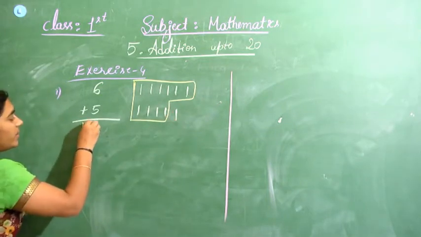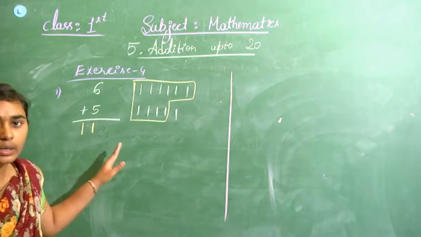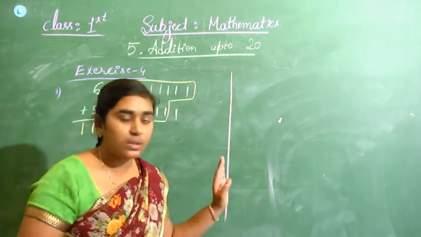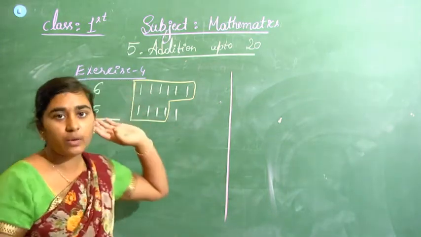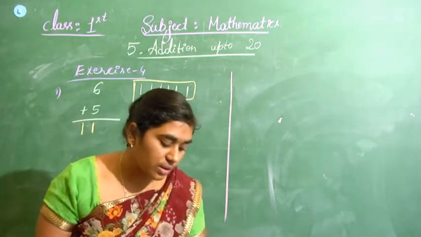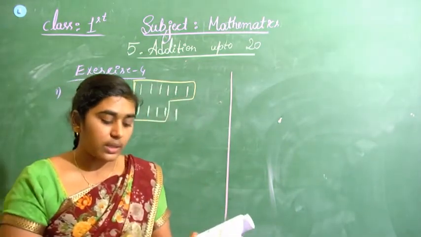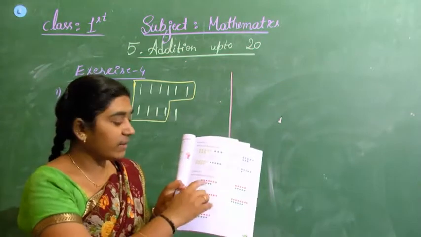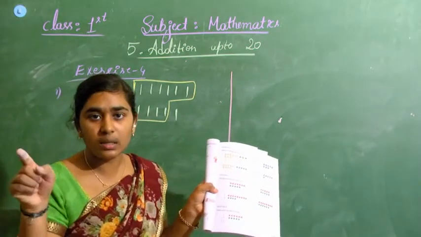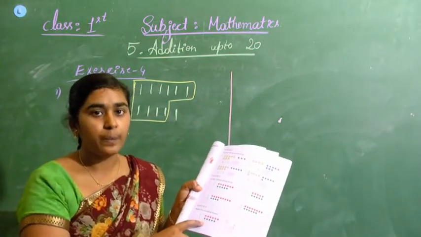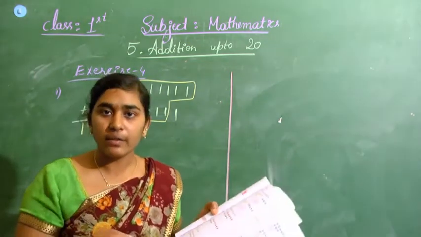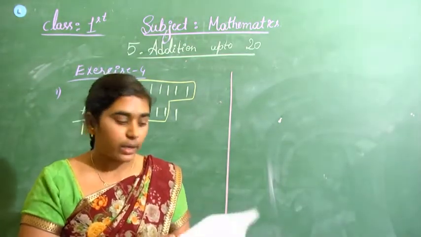So the answer will be 11. It's similar to exercise 3 only. Exercise 4 also continues. In exercise 3 they have given the pictures, means circles, but in exercise 4 they didn't give. By yourself you need to draw the circles and finish.